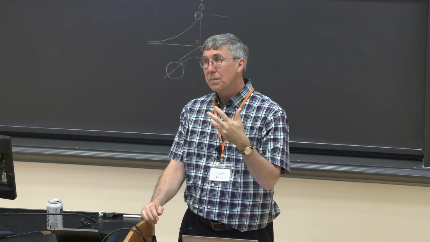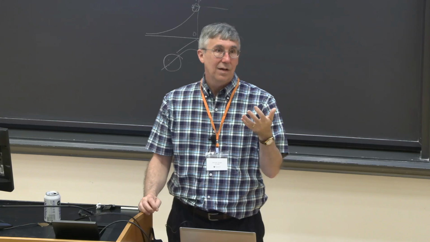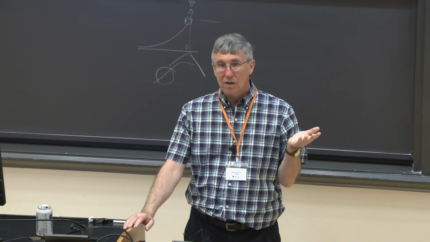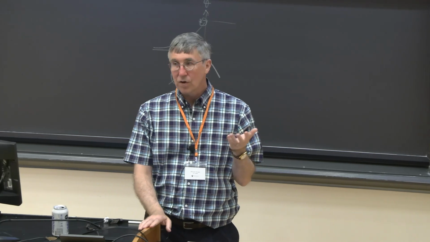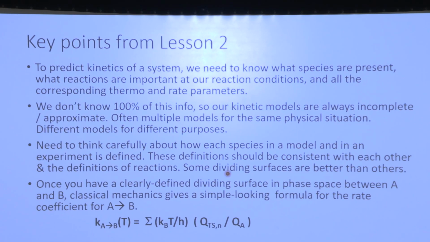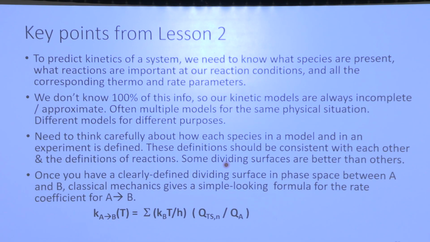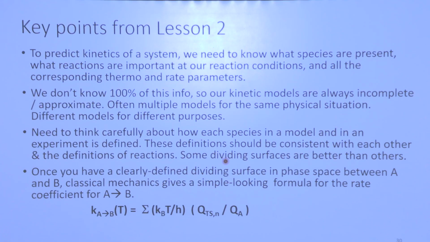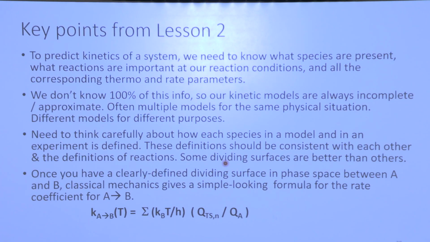But that means your model has to make an unambiguous prediction of something that they can measure. A key part of that is defining what the species are, so that they would know what they're even trying to measure. And even in this species, more subtly, the way you divide the species from each other affects the calculation of the rate. And it's not that hard to screw it up. So you have to worry about how you define exactly what you mean by a species and how you're going to define separate different species.